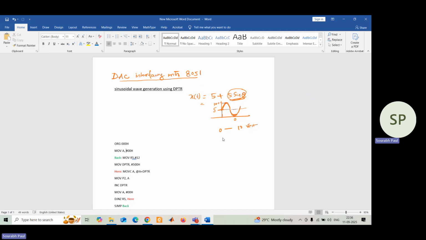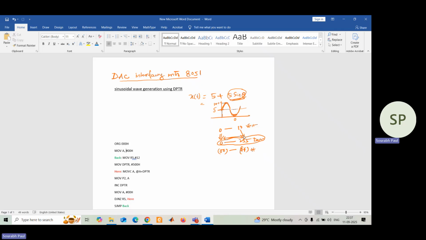However, in digital, the same range is from 0 to 255 in the decimal number system. In hexadecimal, you can have 00 to FF. So 0 volt has to be represented by 0, and 10 volt has to be represented by 255. That should be the range.